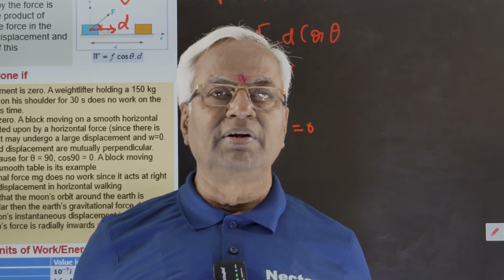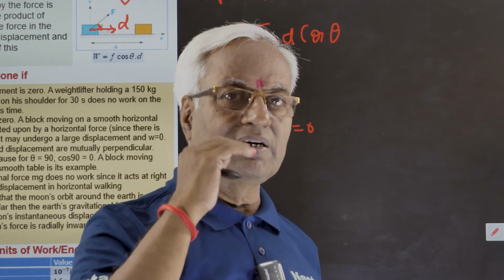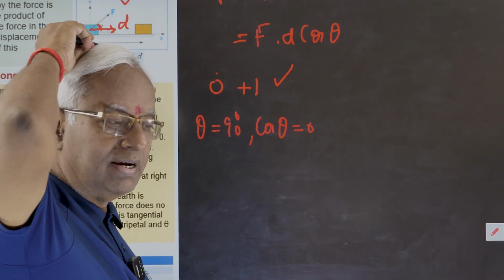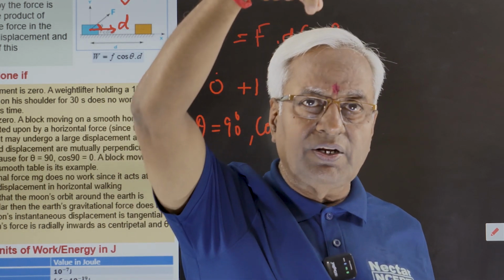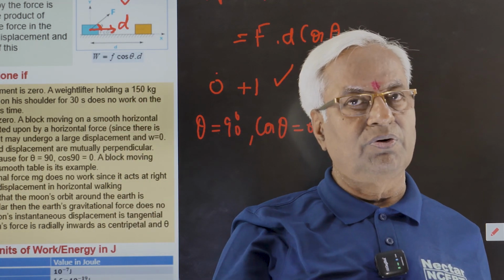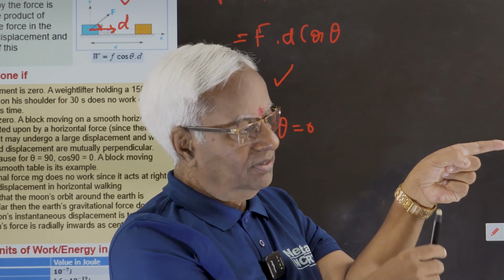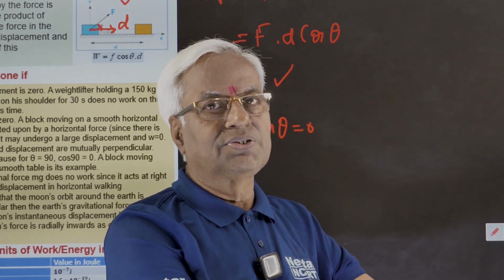You are having some luggage over your head and you are moving horizontally. You are walking this way with some luggage over your head. In this case, the weight is acting downward, that's a force, and displacement is horizontal. Weight is this one. The angle between them is 90 degrees, no work is done.